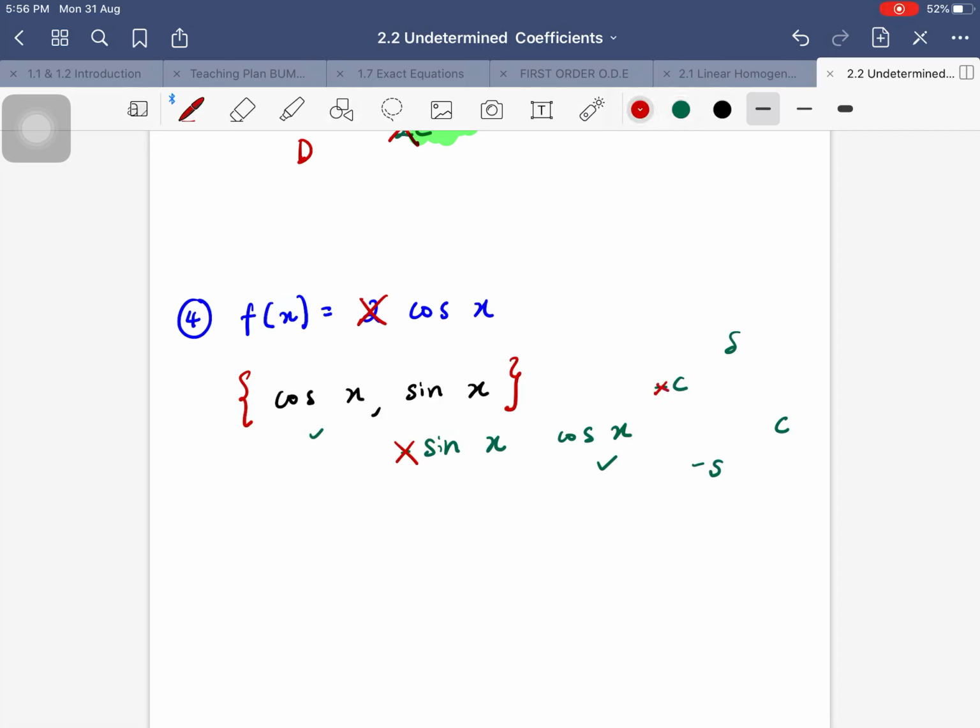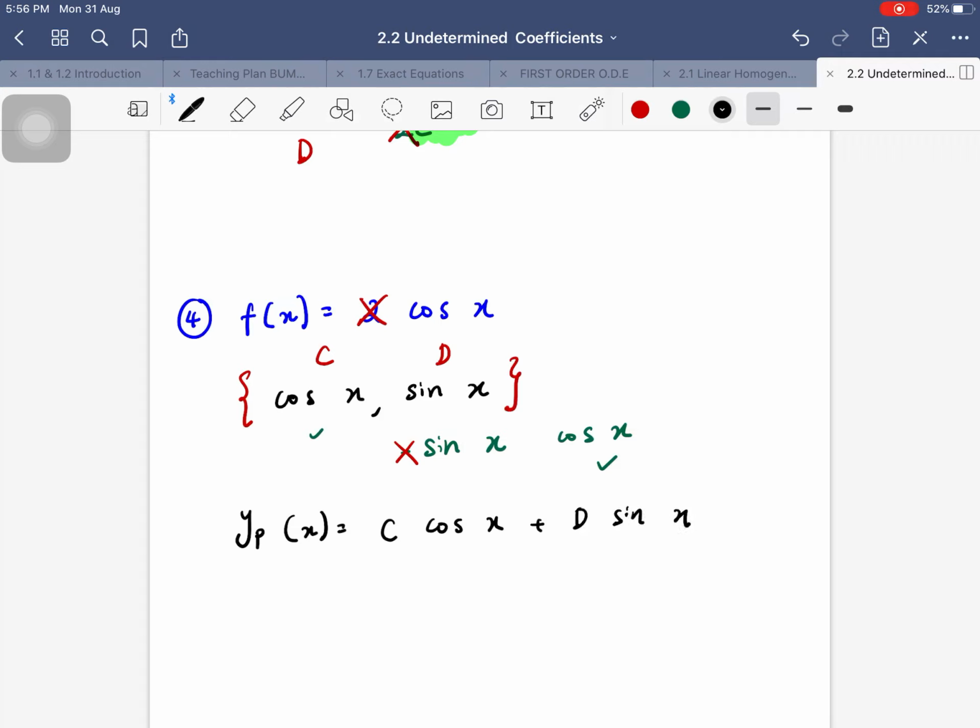And of course, when I remove the negative, basically they are just the same function being repeated. So when you have sine and cosine, there is only going to be two elements in the family of derivative. So for this case, I'm going to write the particular integral, my yp of x. If I multiply these by c and d, I'll end up with c cos of x plus d sine of x.